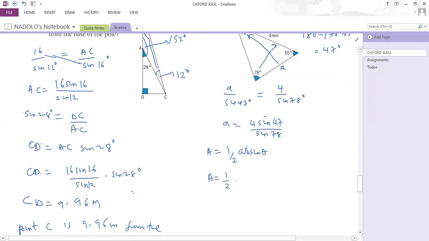So our A is 4 sine 47 divided by sine 78, times B, which is 4, then times sine 55 degrees, which is the angle between them, all multiplied by a half. With your GDC, you should be able to get your answer as 4.90 squared millimeters. So that is the last part of the previous exercise.